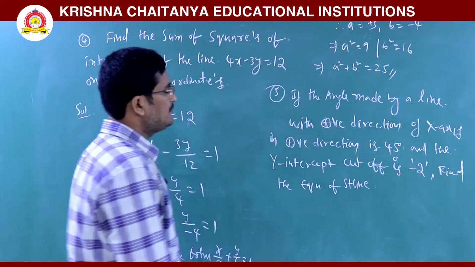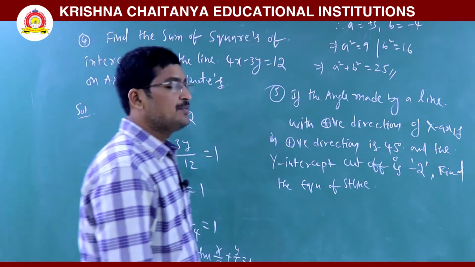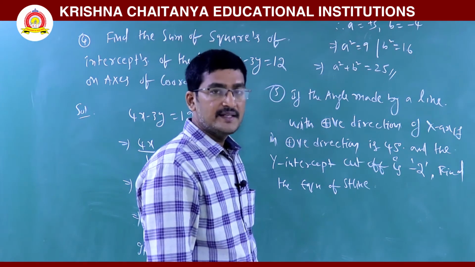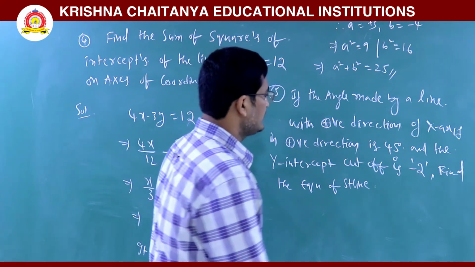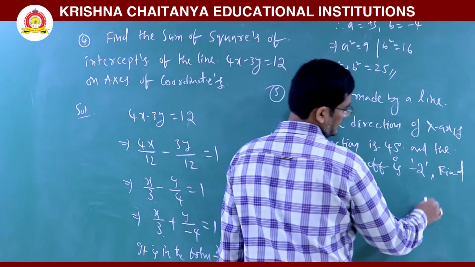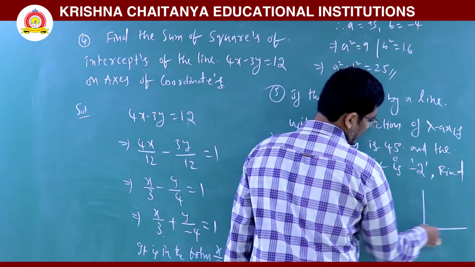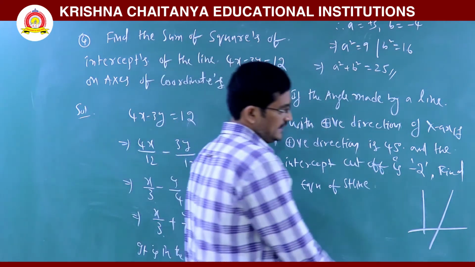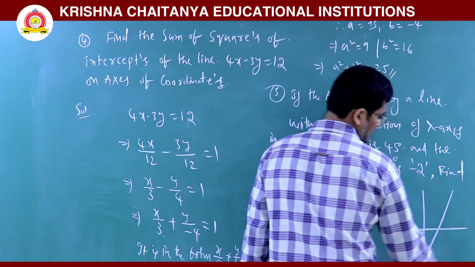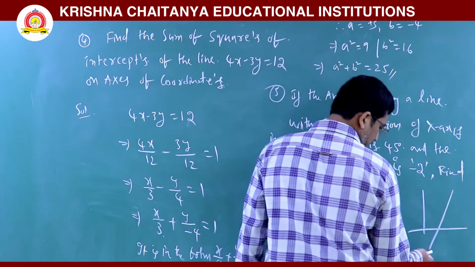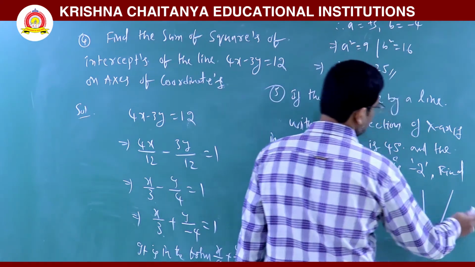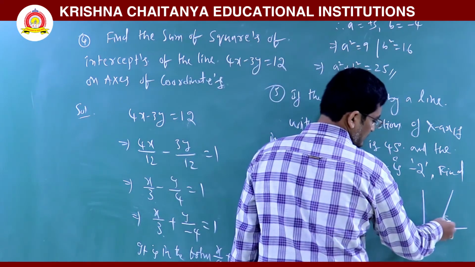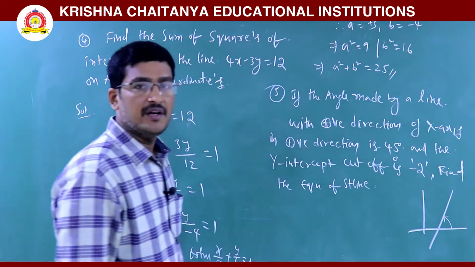So the angle made by a line with the positive direction of x-axis in positive direction is 45. What is the meaning of that? The angle made by this line with the positive direction of x-axis, measured in anti-clockwise direction, is 45.